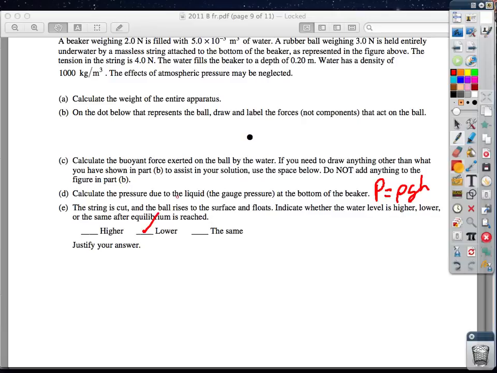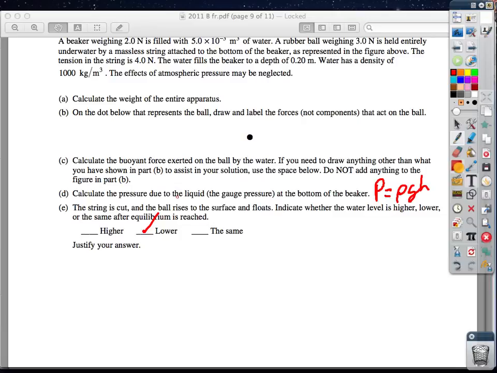And then what you would say is that the ball, right? What we don't know. Beaker, water, rubber ball weighing 3 newtons. What we can say is we don't know the tension force. I guess we could find the weight of the ball, couldn't we?